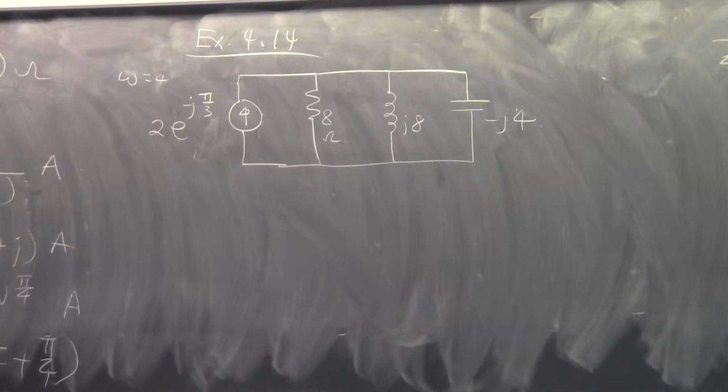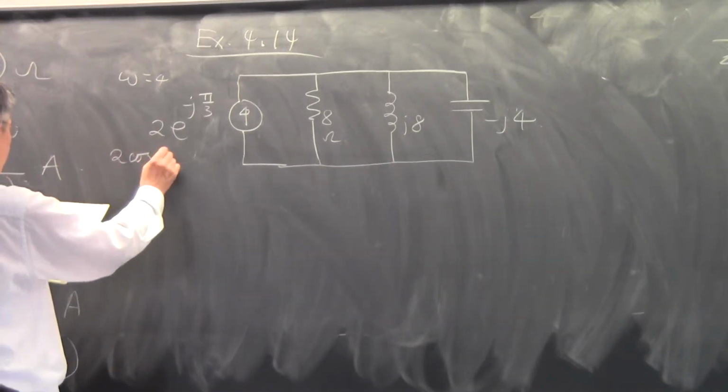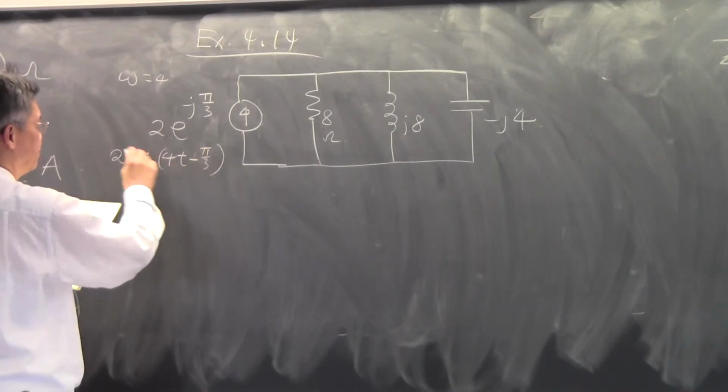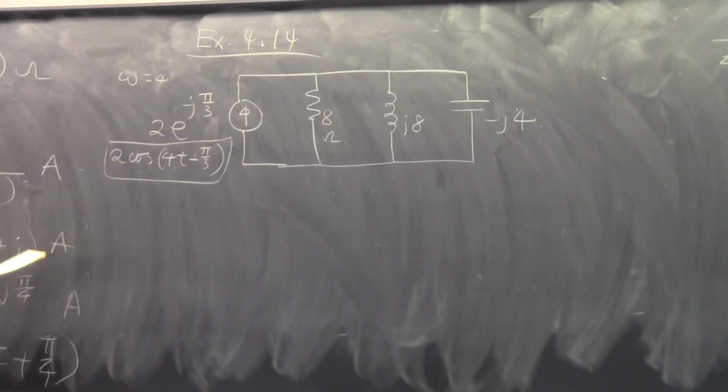Was the current source given like that? What was the current source given as? The current source was originally 2 cosine of 4t minus pi over 3 in the time domain. I just convert that into its phasor form.